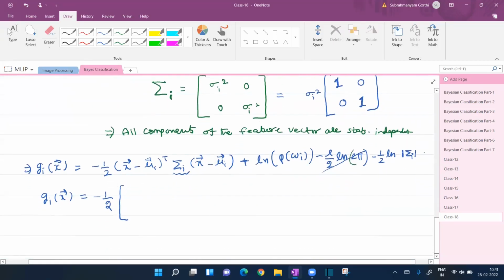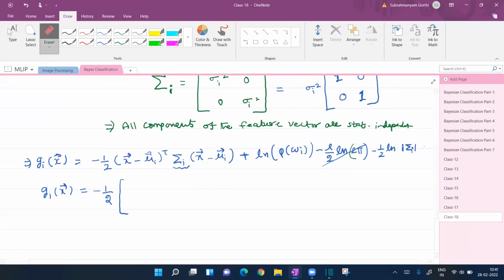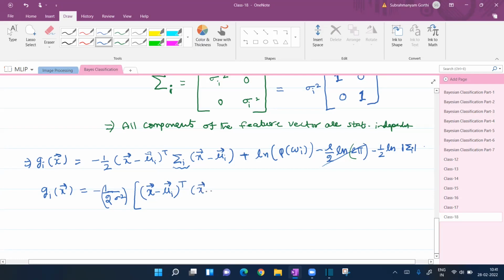Right. So now, can I not write this as 1 over 2 sigma square into 1 over 2 sigma, minus 1 by 2 into 1 over 2 sigma square into x bar minus mu i bar whole transpose into x bar minus mu i bar?